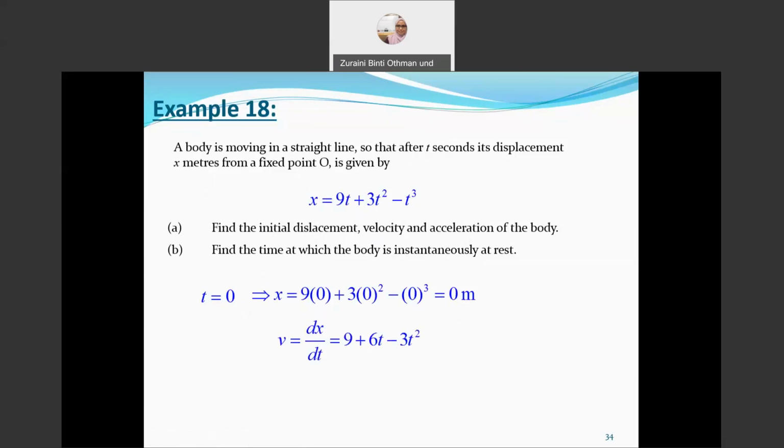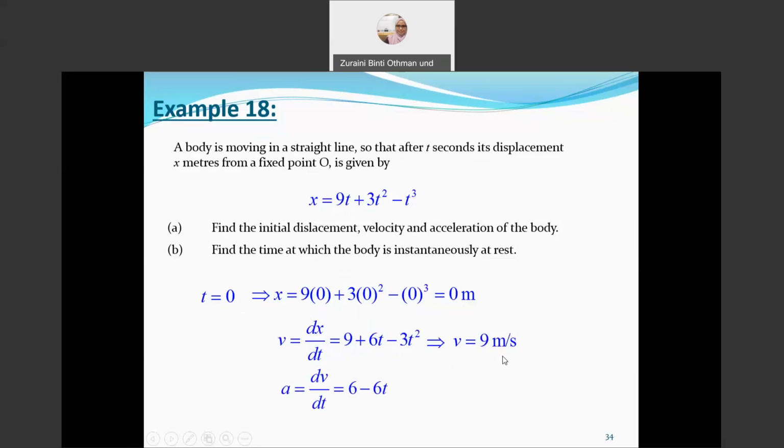Now for velocity, if you want to find the velocity, we have to differentiate this into the first derivative, then we put t equals zero. So the initial velocity at time zero is 9 meters per second.